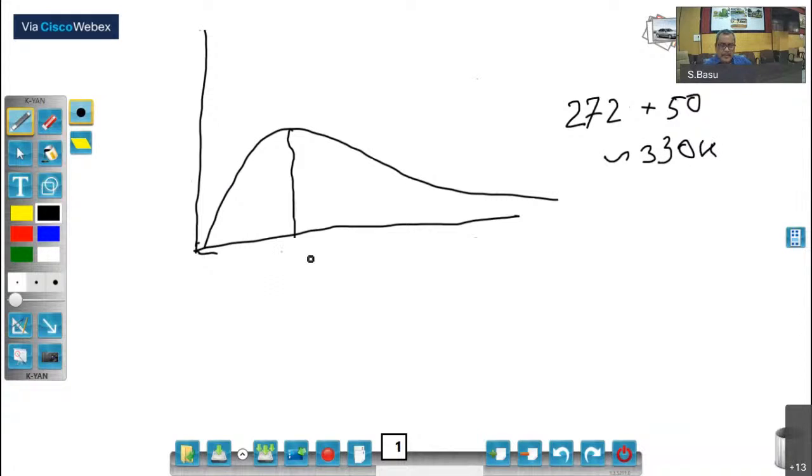So the Maxwellian peak is around 330 Kelvin, which is typically around 30 millielectron volts. But this is a polychromatic beam.